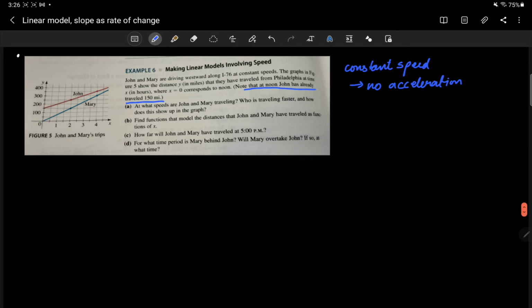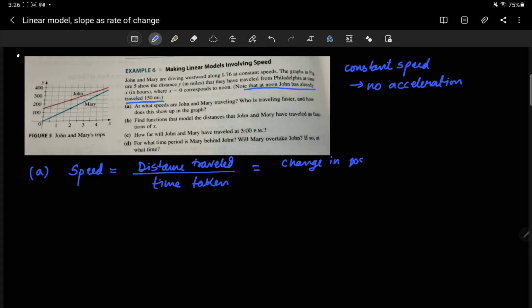So the first problem says, at what speeds are John and Mary traveling? For that, we are going to use the definition that speed is distance traveled over time taken. If you think about this, what this really means is it's the change in position, that is the y value, divided by the change in time, right?